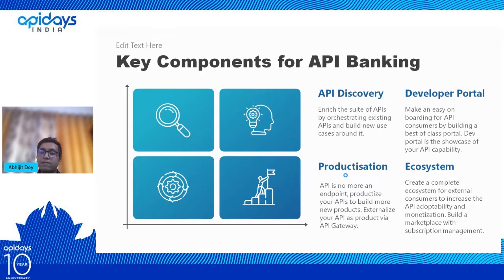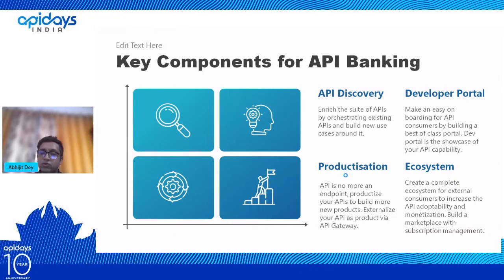But if you don't have a marketplace kind of ecosystem, right? If you don't have a proper API adoption and monetization policy, if you can't allure your customer or your target audience with your offerings, right? If you can't bolster your API offerings with extensive product suites, then there is no point in building such capability, right? So in order to do that, you need to create an ecosystem.